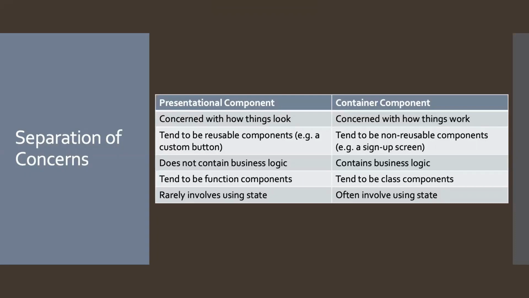And of course, container components tend to be class components because we normally involve state, right? And also, in terms of business logic, we will normally put it in container components. So business logic, so things like fetching data from the background, you put it in container components instead of presentational components. Okay.